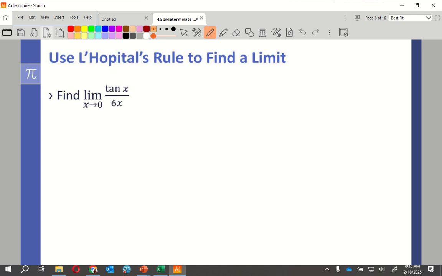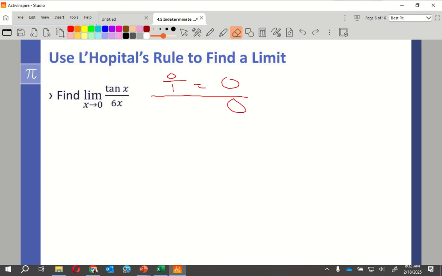Sine over cosine, right? What is sine at 0? What is cosine at 0? What is 0 divided by 1? 0. So the top of this is 0, and the bottom, 6 times 0, is 0. So now I get 0 over 0.